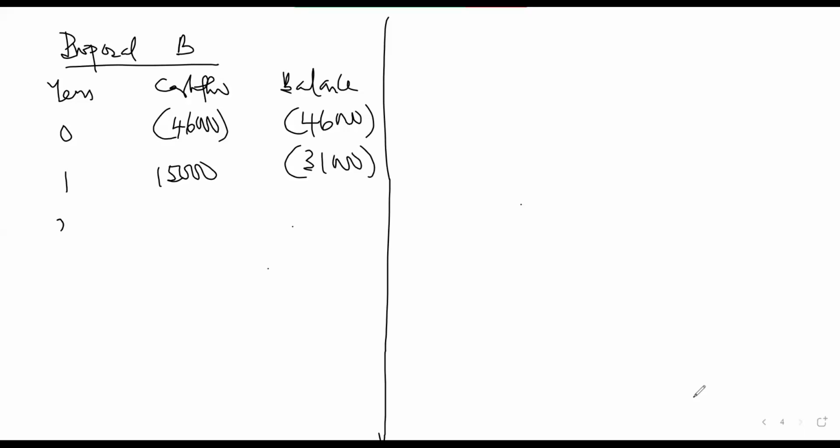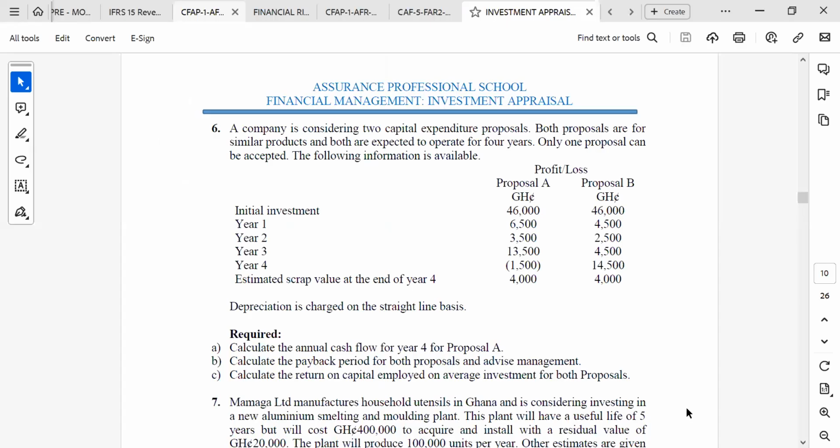Okay. Let's now go to year 2. Year 2, what will be the cash flow? What will be the cash flow for year 2, proposal B? 13,000.